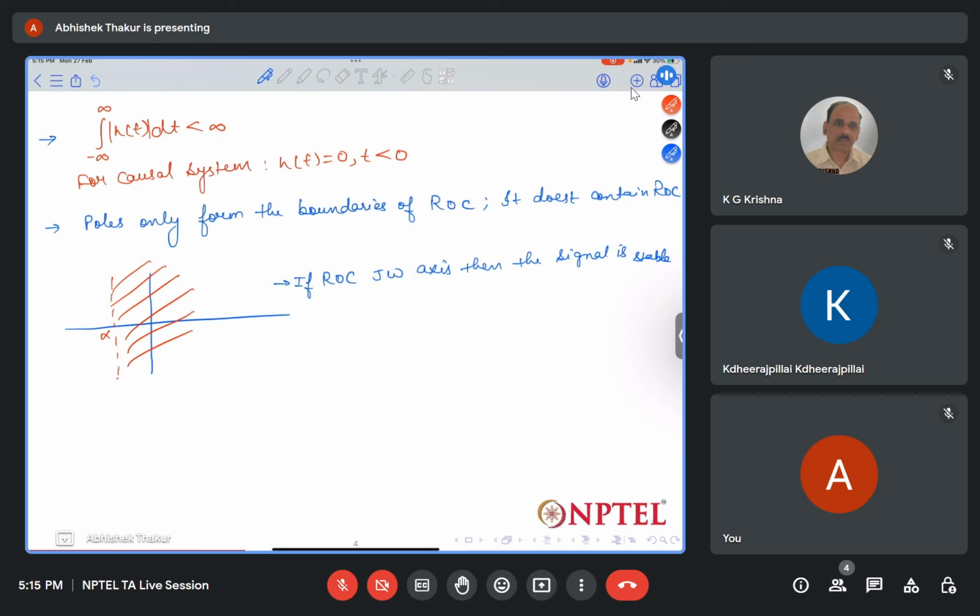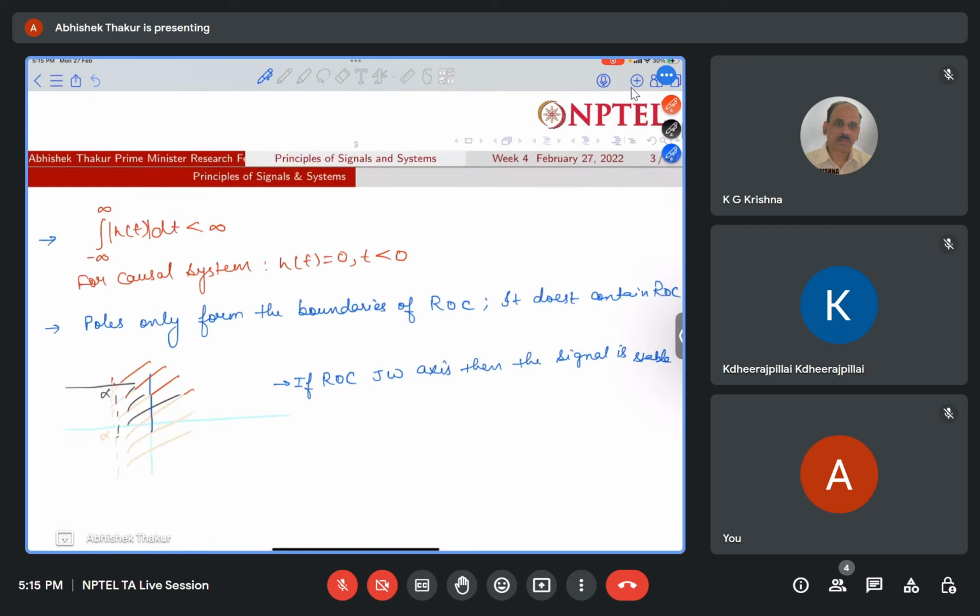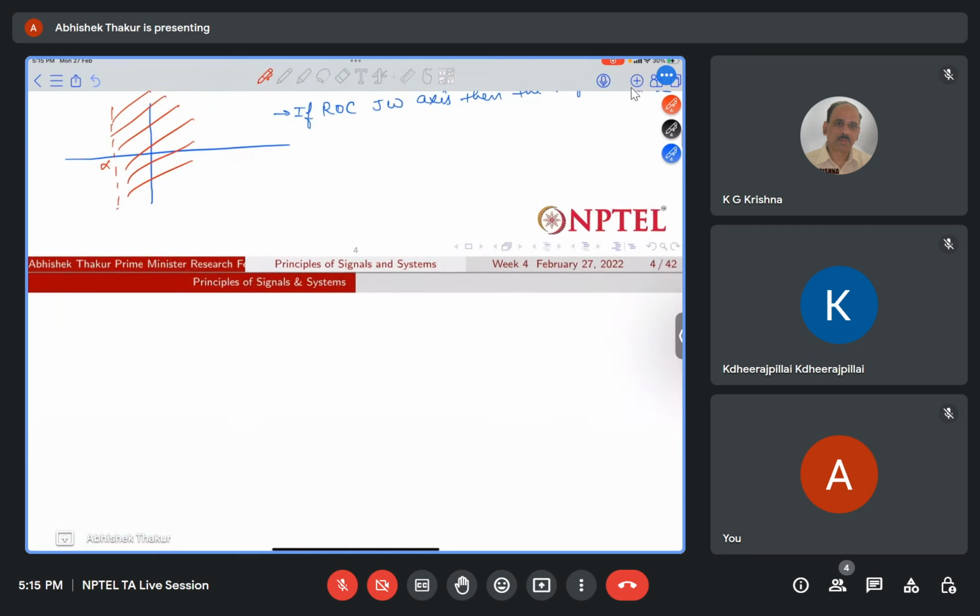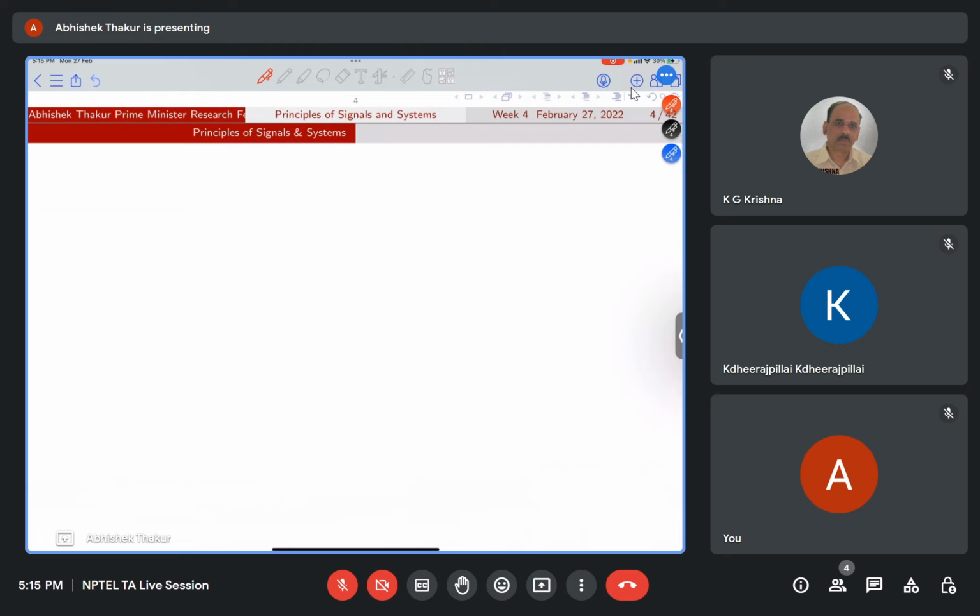So let me take some questions. Find the Laplace transform of x(t) equal to e to the power minus t plus e to the power minus 2t, into u(t).